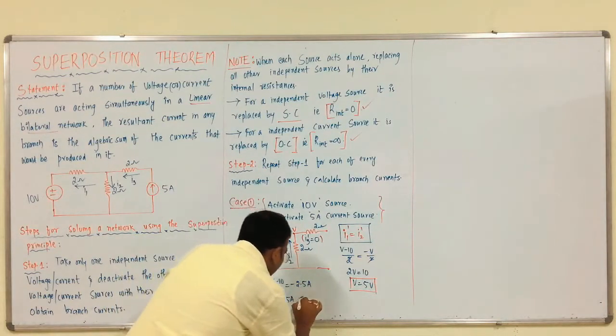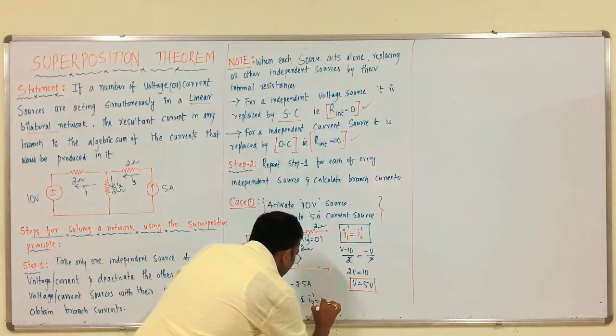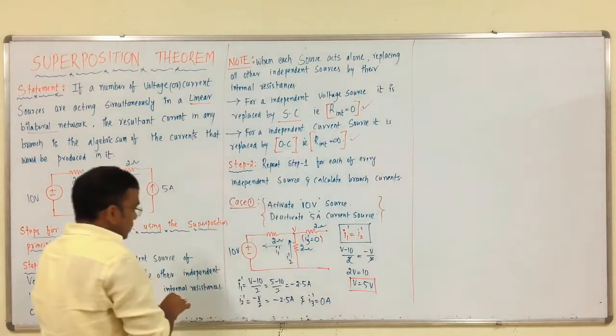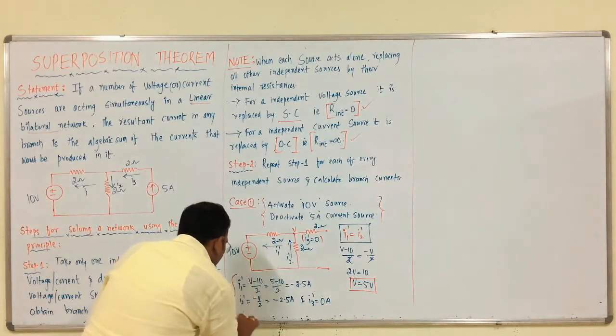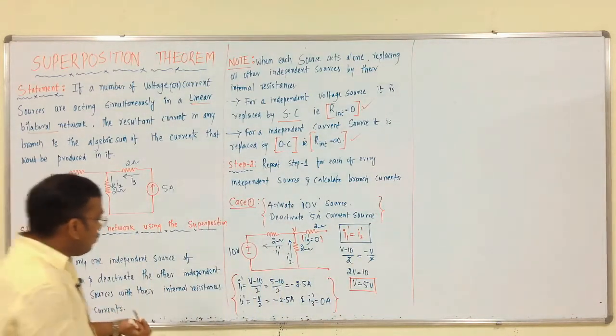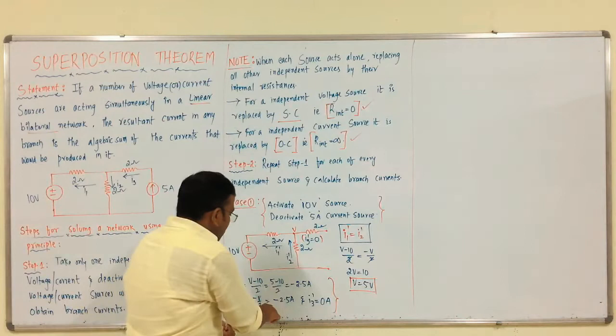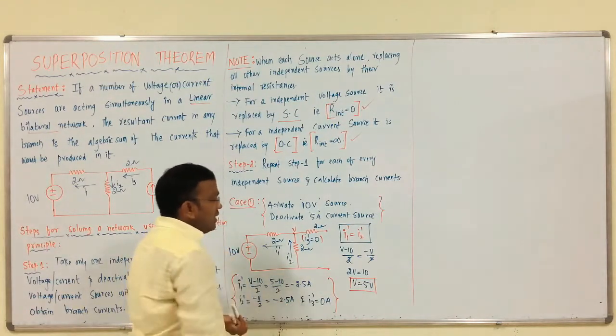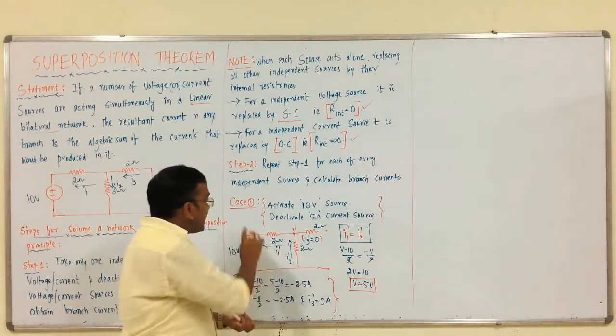And I3 dash is equal to 0 amps. So, from this case 1, we got I1 dash equals minus 2.5, I2 dash equals minus 2.5, I3 dash equals 0. That's it. This is case 1.